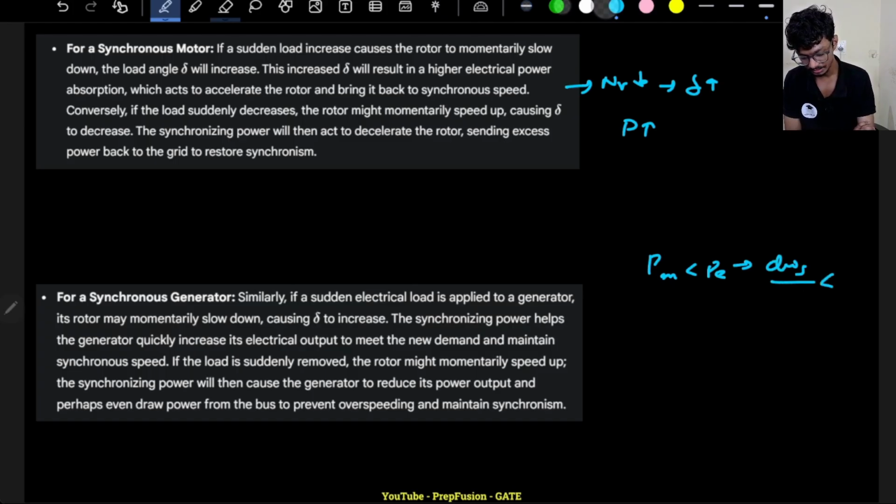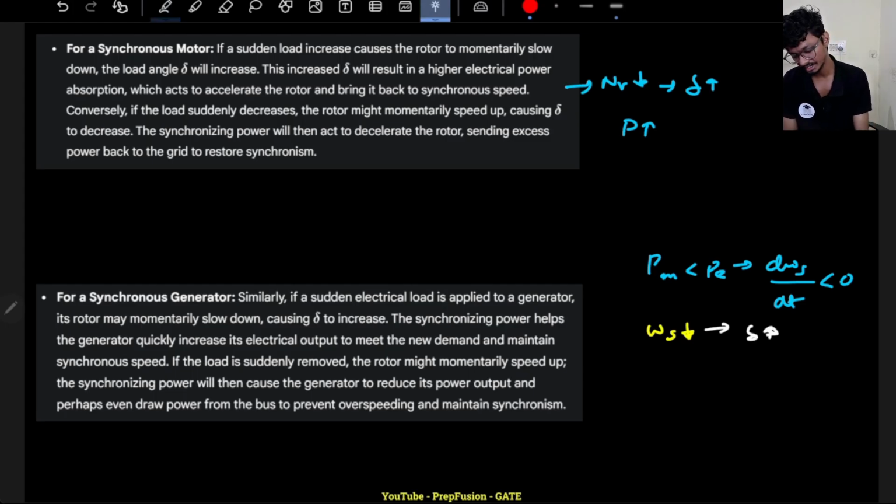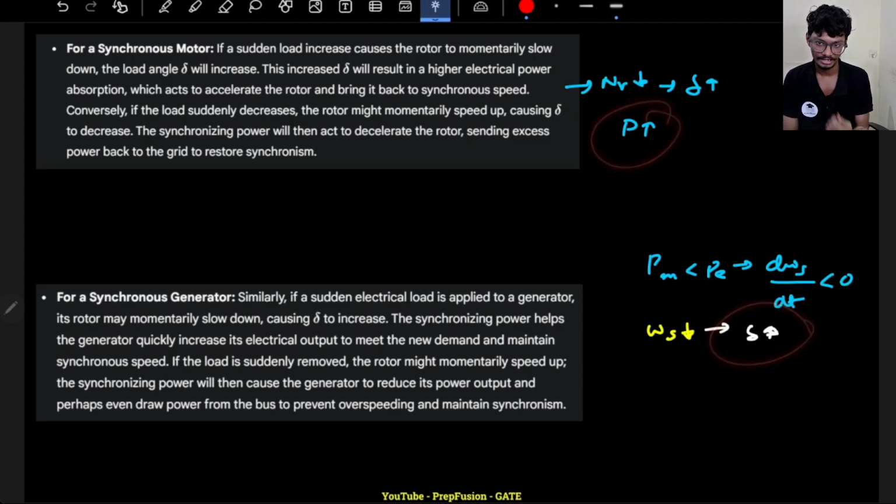If your d omega s by dt is negative, then your omega s will reduce. If your omega s reduces, that means your delta will increase. Same thing will happen. So again, to bring it back to synchronism, the active power has to increase. Who will provide that? Synchronizing power.